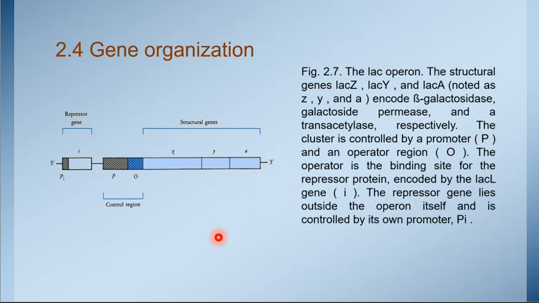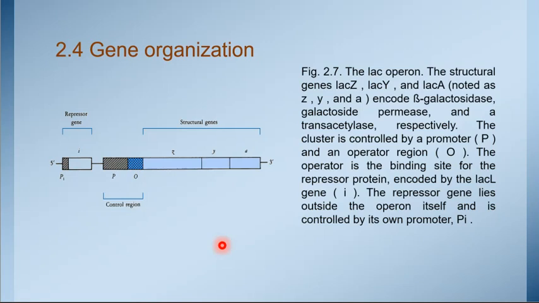So, the structural genes of the lac operon, lacZ, lacY, and lacA, noted as Z, Y, and A, encode beta-galactosidase, galactoside permease, and a transacetylase, respectively.